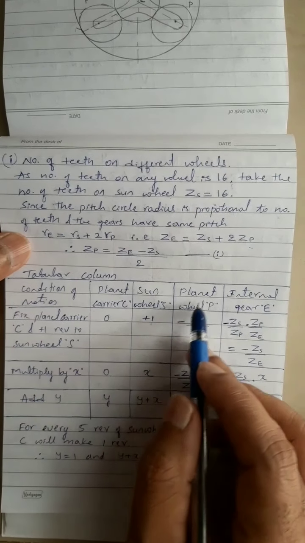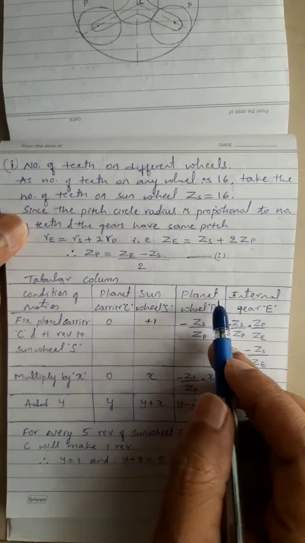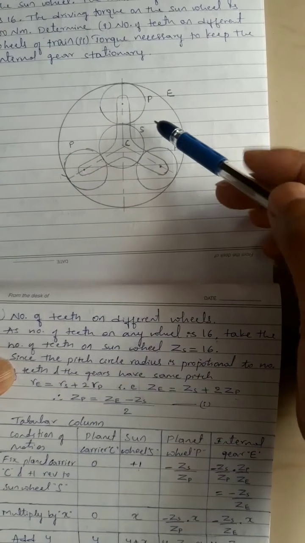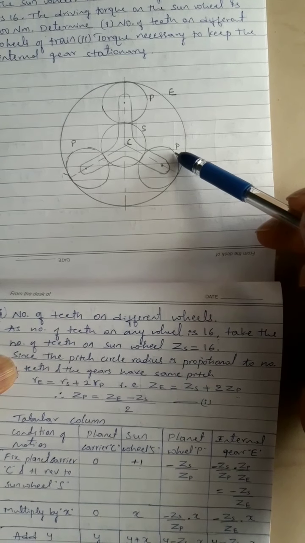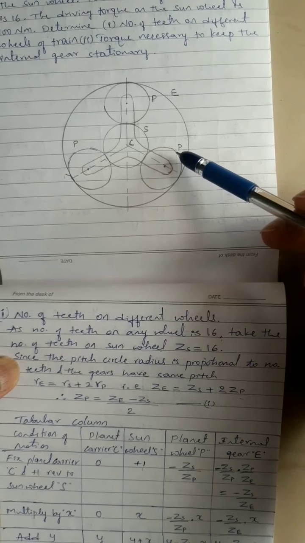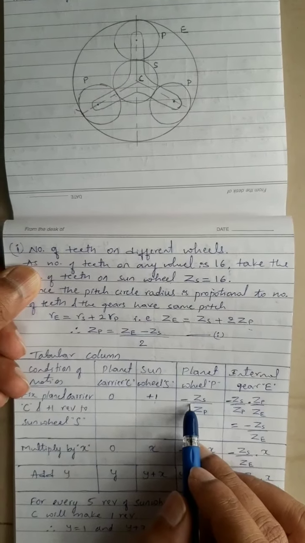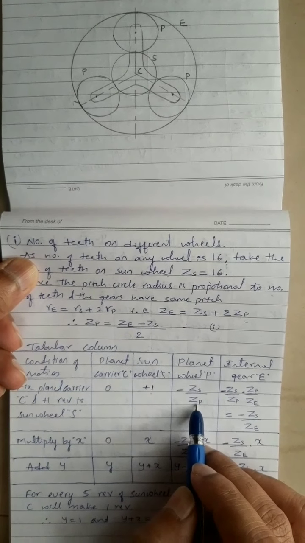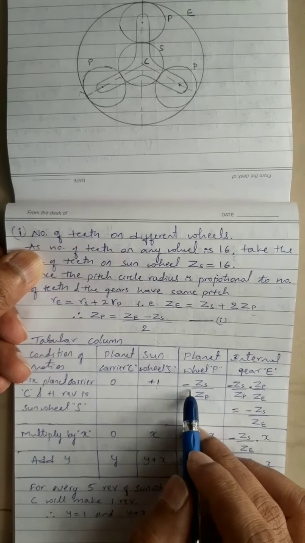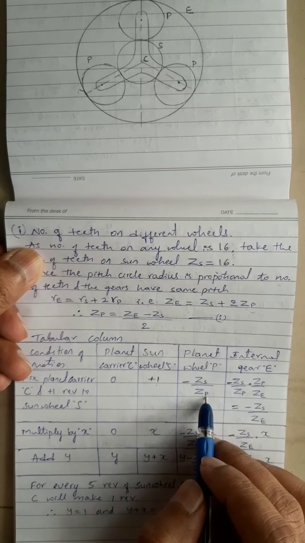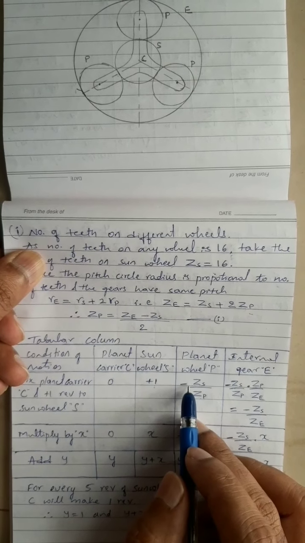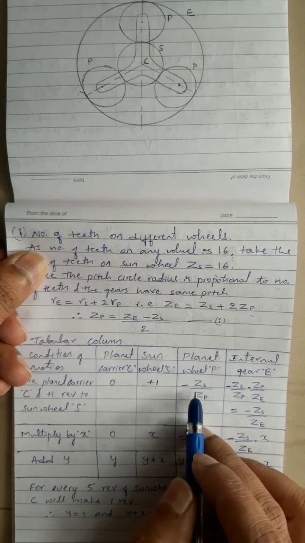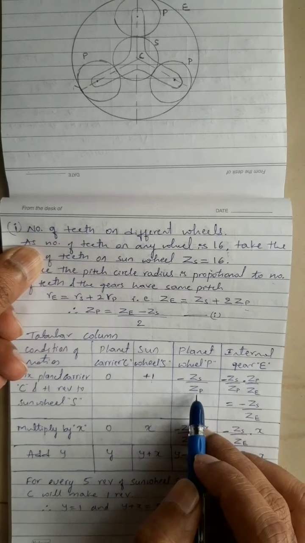And next we have planet wheel P. If you look into the figure, S is the driver and P will become the driven. Therefore, we write minus ZS by ZP. The negative sign indicates that P will rotate in the opposite direction to S. So it is driver divided by driven, so minus ZS by ZP.